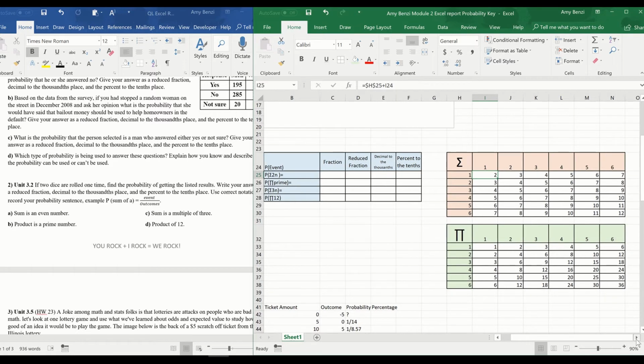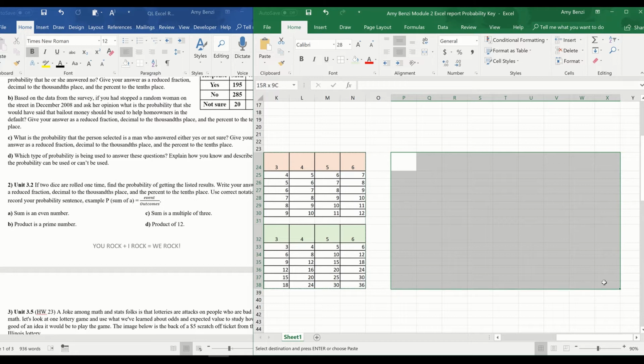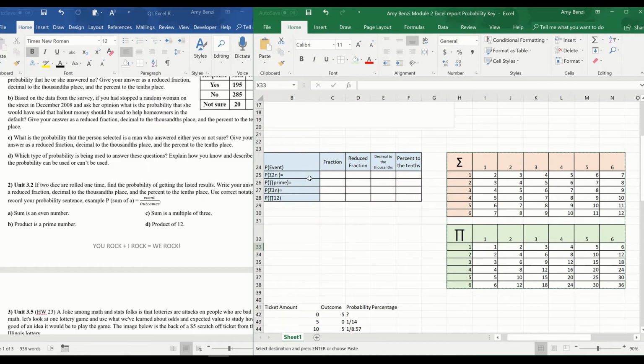So just to make it easier for me, I am going to select all of this, copy it, and paste it right over here. And now I can do all of my calculations this way.